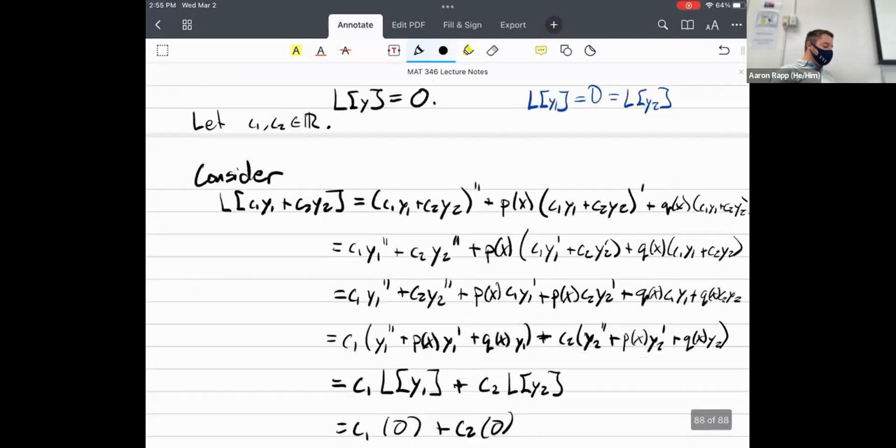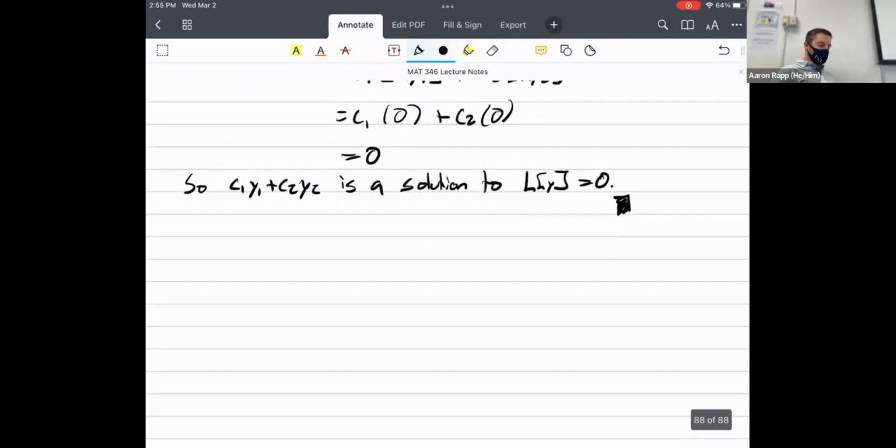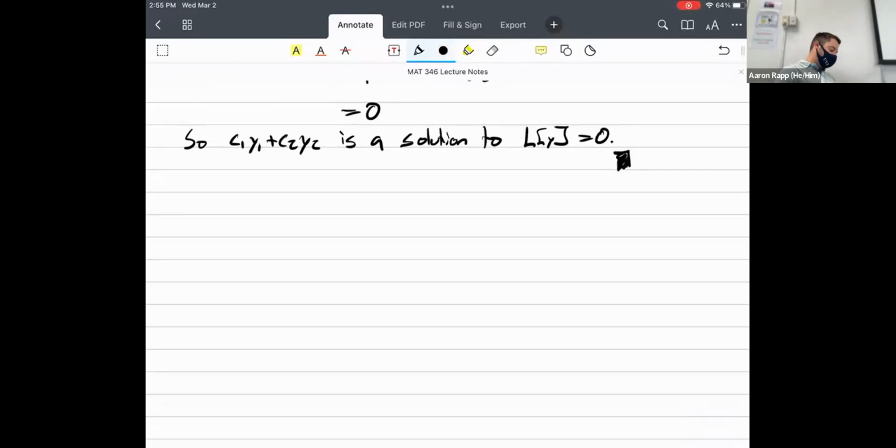So you give me two solutions. I know I can always find a general solution. There's infinitely many solutions. But from that, can I actually guarantee my intuition that there's only going to be a unique solution?